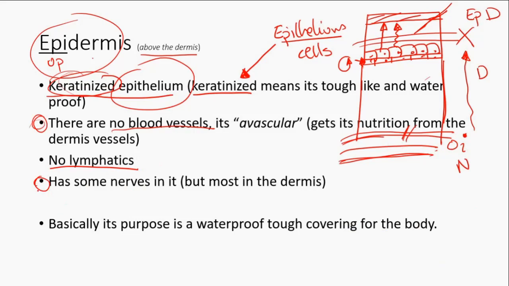The epidermis doesn't have a lot of nerves in it, but it does have a few. Often these nerves have to do with what we call your crude sensation. So that's the feeling of dullness on your skin, not the feeling of sharp objects.